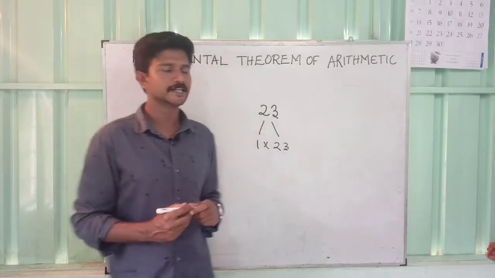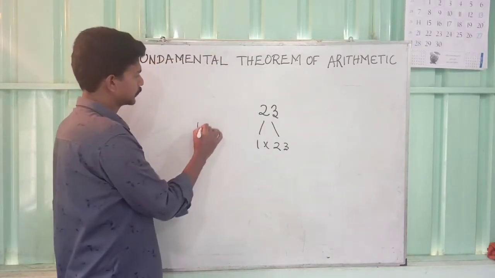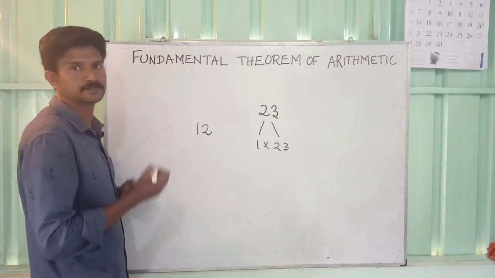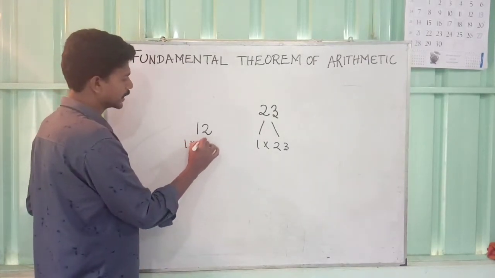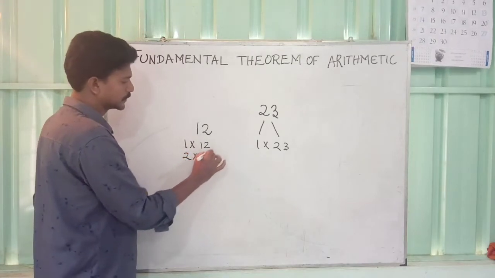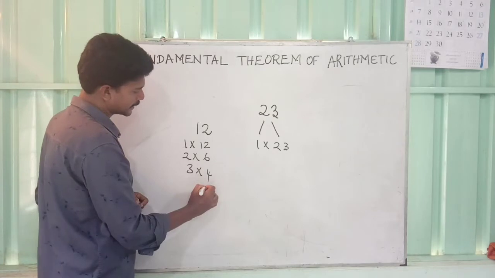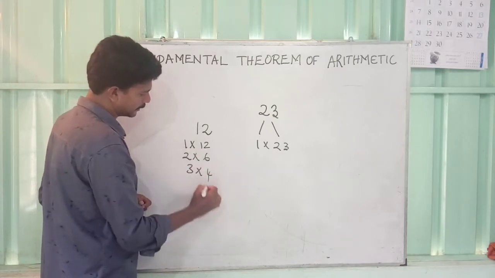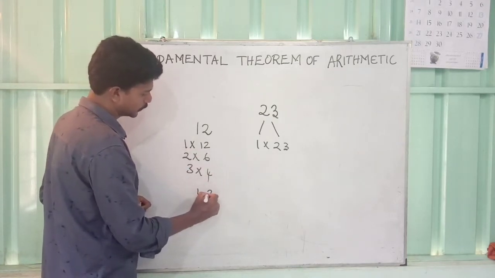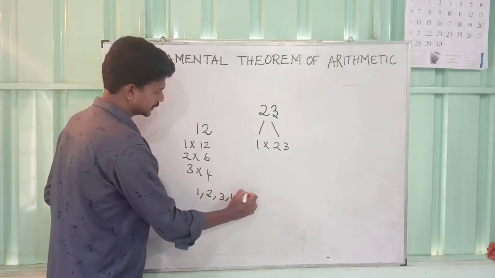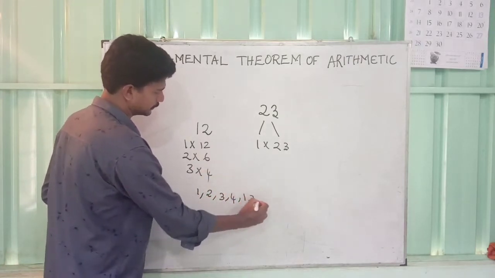For example, 12. If you take 12, we can write 1 into 12, 2 into 6, 3 into 4. So the factors of 12 are 1, 2, 3, 4, 6 and 12.